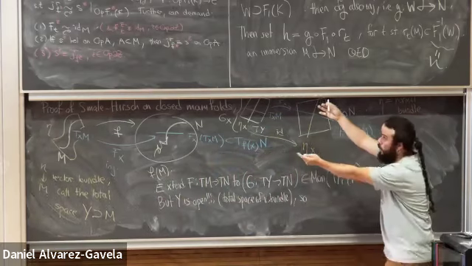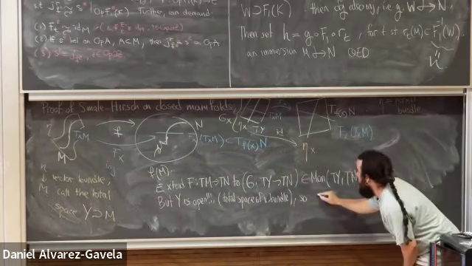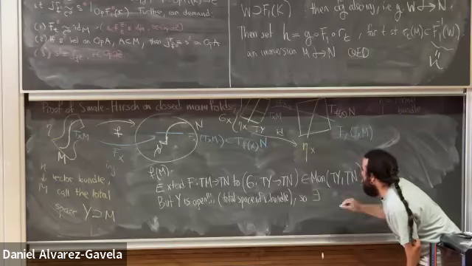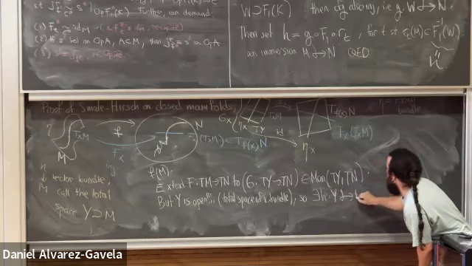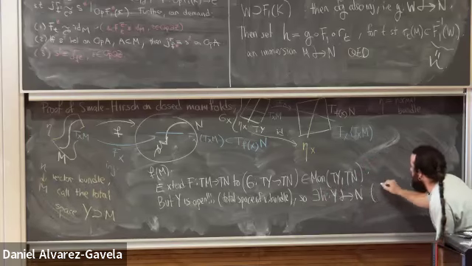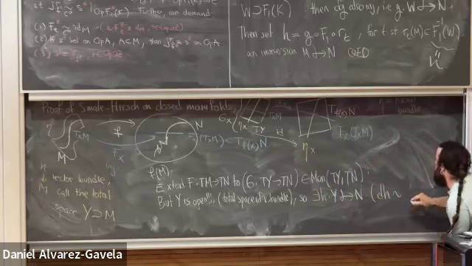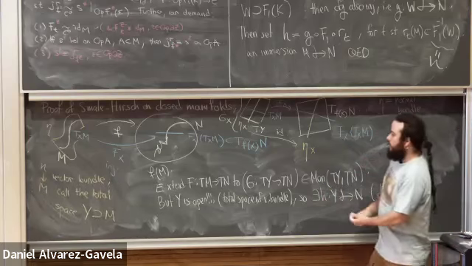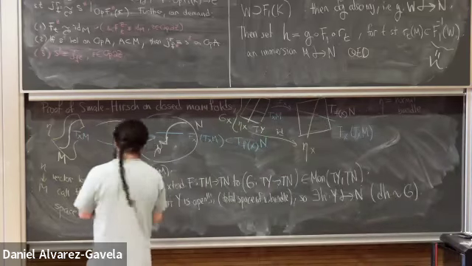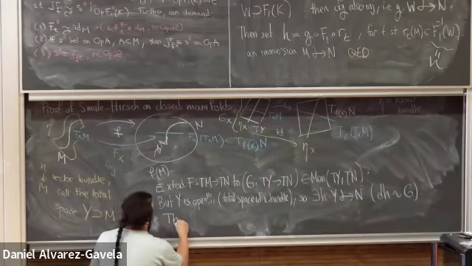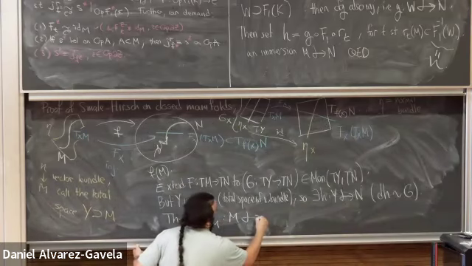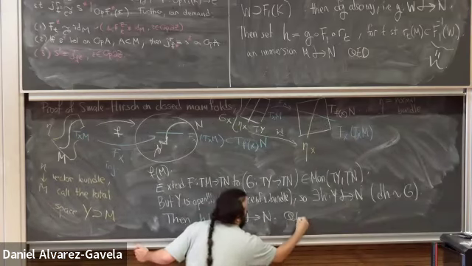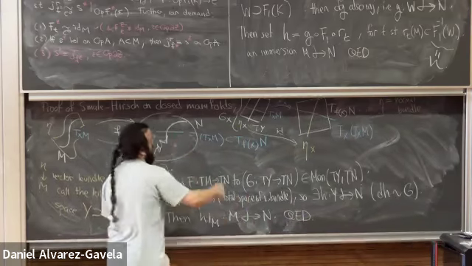So, by what we just discussed, there exists an immersion H from Y into N, and moreover, it's in the right formal class. So H is homotopic to G. And then you just restrict to M. And you can do it in families. And that's the end of the proof.